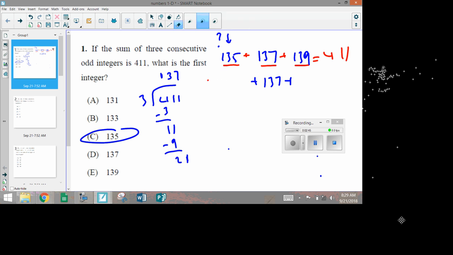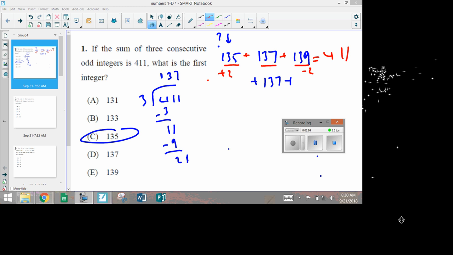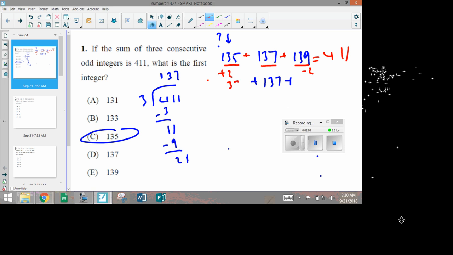Check this out. Plus 2 and minus 2. The result will be the same. Add 2, it's going to be 137. Subtract 2, 137. So your result will not change. You just add 2 and subtract 2, like adding 2 kilograms and subtracting 2 kilograms. The result will be the same.